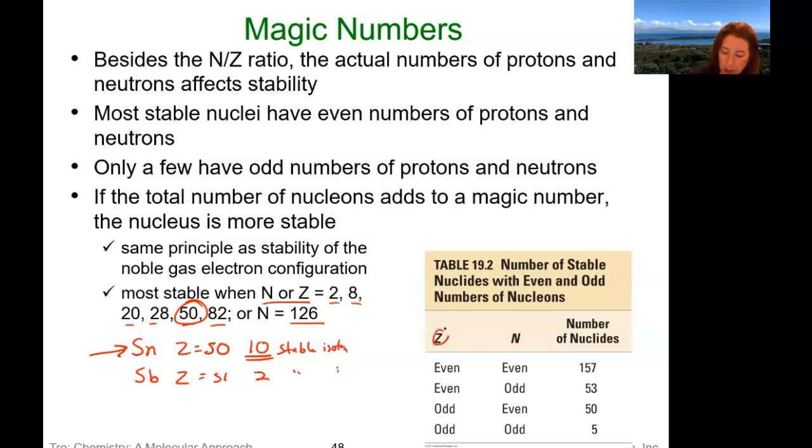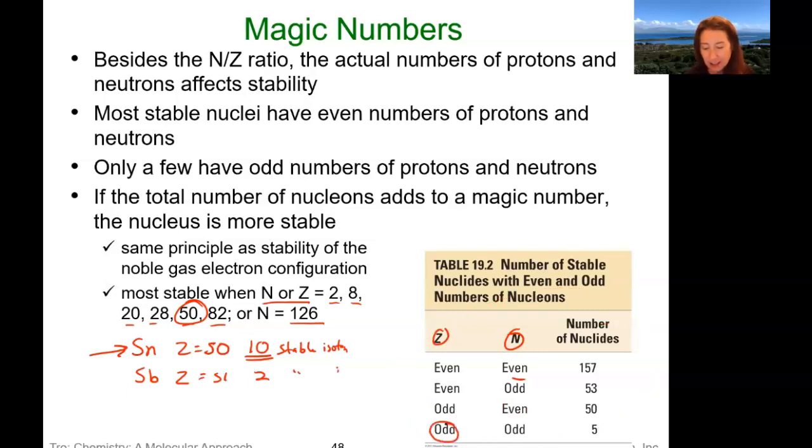Now you can see the proton to neutron ratio. If it's even to even, that means an even number of protons, an even number of neutrons, there are 157 stable nuclides, right? Even odd, 53. That means an even number of protons, an odd number of neutrons, way less. Odd number of protons, even number of neutrons, by the way, you don't need to know this, I'm just showing you the differences, 50.